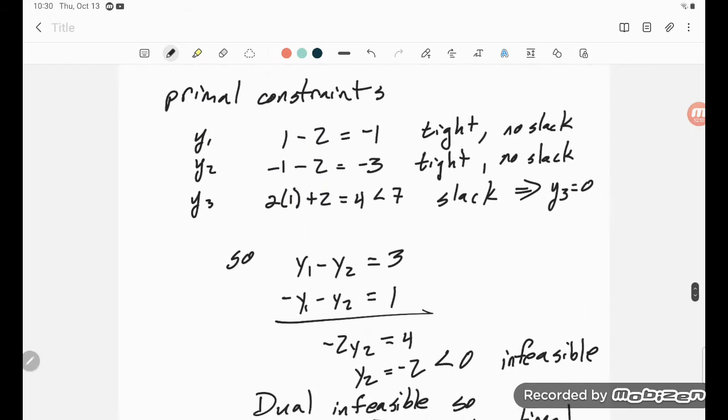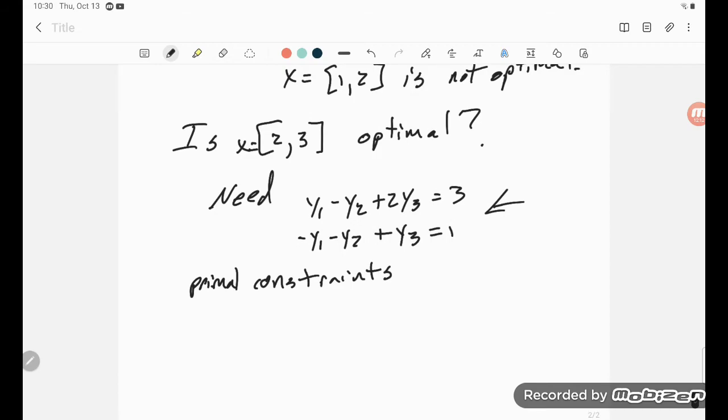So yeah, the first one was x1 minus x2. So we've got 2, and that goes with y1. 2 minus 3, that's equal to -1. And so that one's tight.